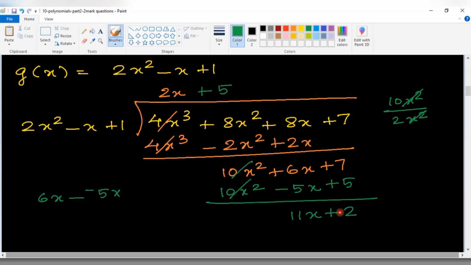Now, it is the end. I mean, we cannot divide 11x plus 2 by 2x square minus x plus 1 because here the degree is 1, but here the degree is 2. So we'll stop by this. So this is the quotient and this is the remainder. Quotient is 2x plus 5 and remainder is 11x plus 2.